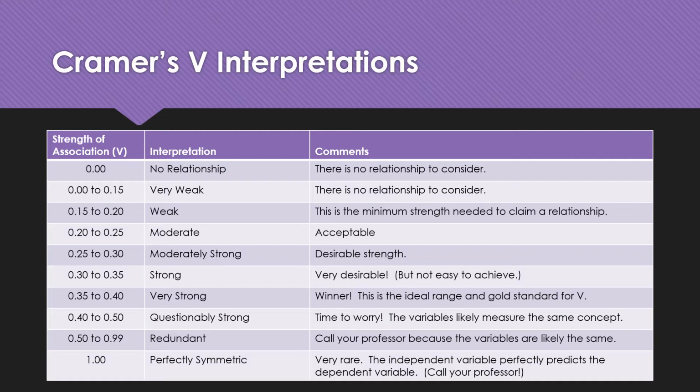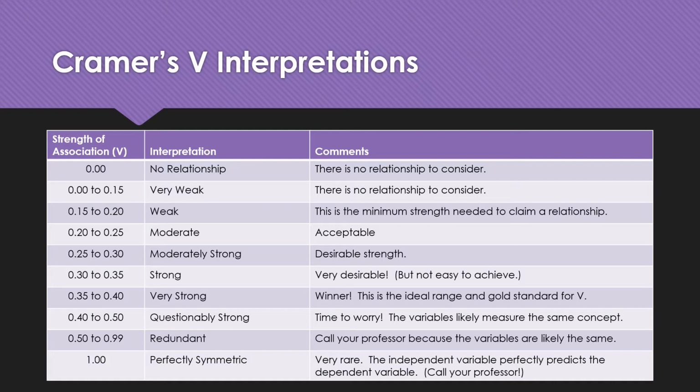Values between 0.3 to 0.35 show a strong relationship, and it's very desirable, but it's not going to be easy to achieve. A value between 0.35 to 0.40 shows a very strong relationship, and 0.4 to 0.50 is questionably strong.